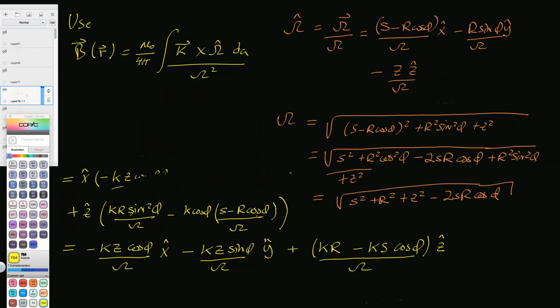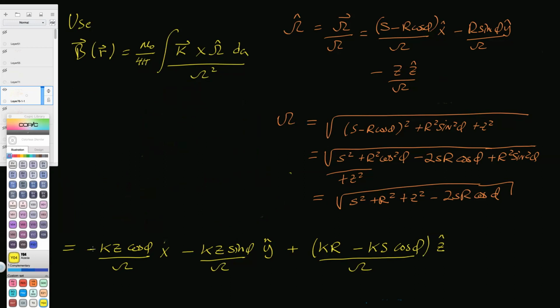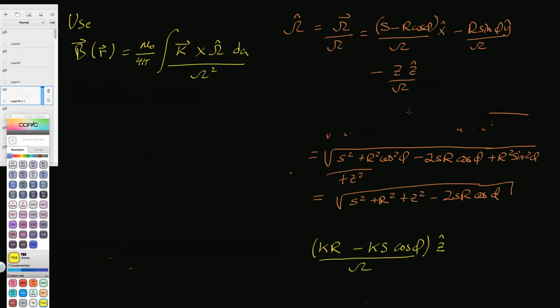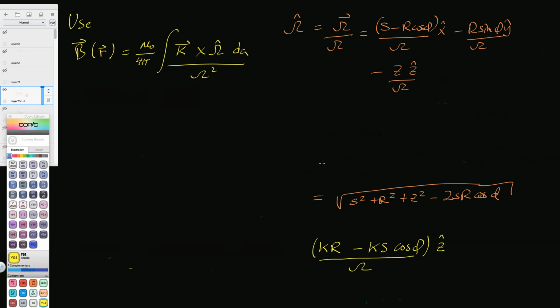Well, there are two of them, right, because it's dA. I'm just going to erase these two components, and I'll write it all down in terms of the integral in a second here.